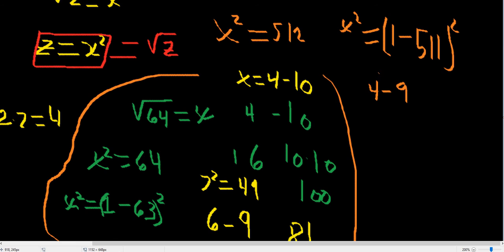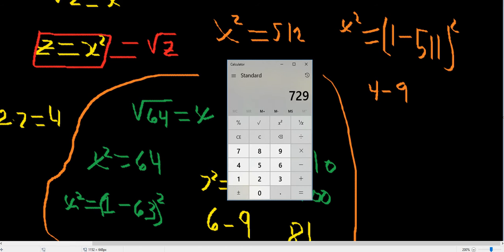So we know it's either 5, 6, or 7, or it may be an irrational number, which we also have to consider when doing square or cube roots. So we would do 5 times 5 times 5, which equals 125.